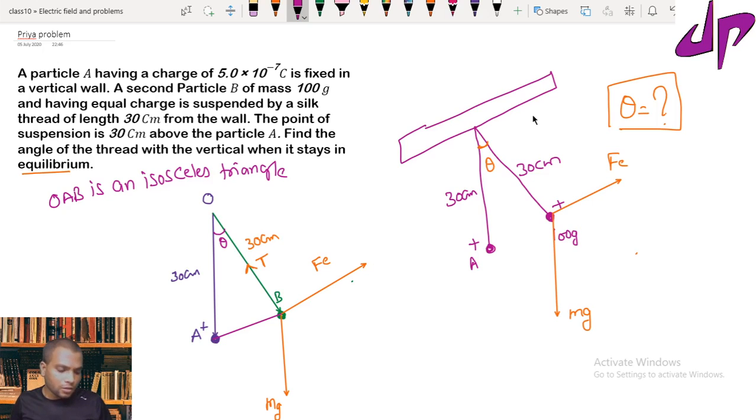So before that, it's better to bring in the Cartesian sign conventions. Suppose you draw a Cartesian coordinate system here, carefully, with the y-axis along the downward direction, and the x-axis along this direction.